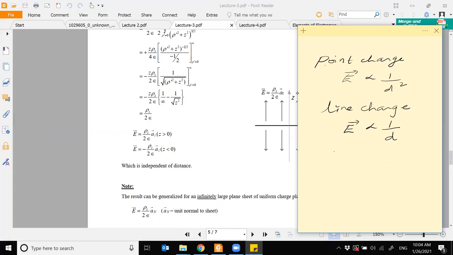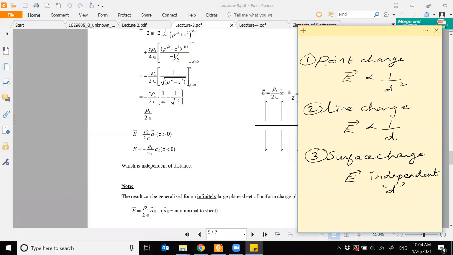And for the surface charge or the sheet, we found that your E bar is independent of the distance d.